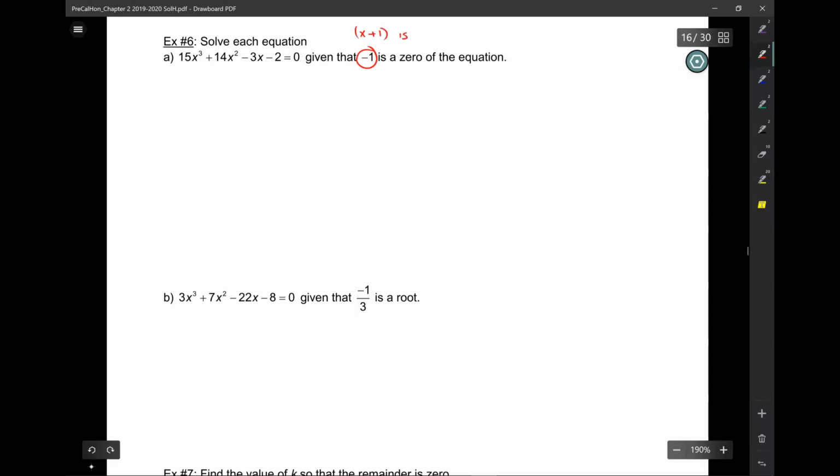That x plus 1 is a factor. So let's now divide this by negative 1. Let's do synthetic division with negative 1. We're going to divide by x plus 1. I have 15, 14, negative 3, negative 2.